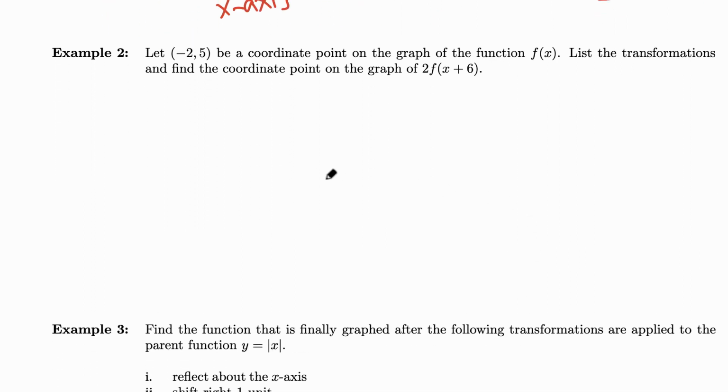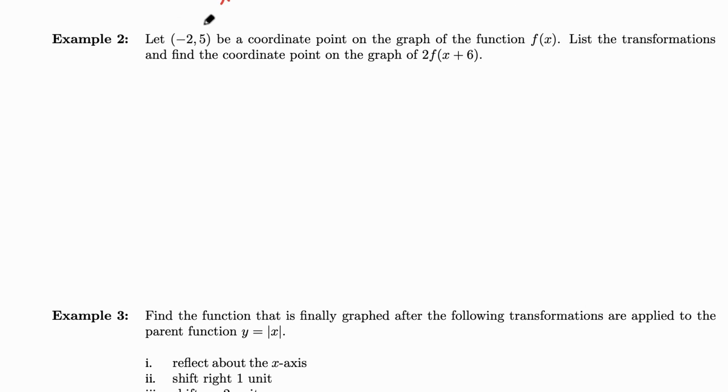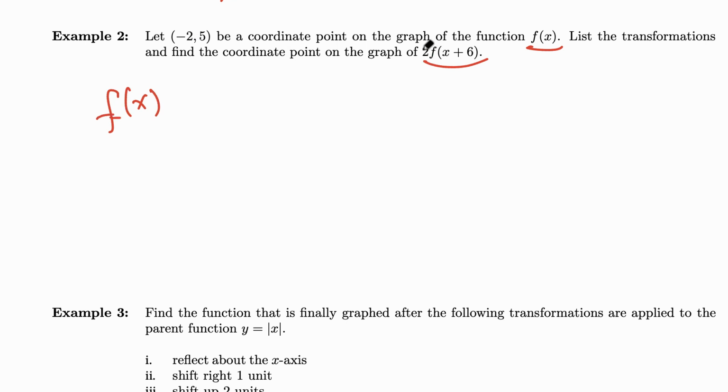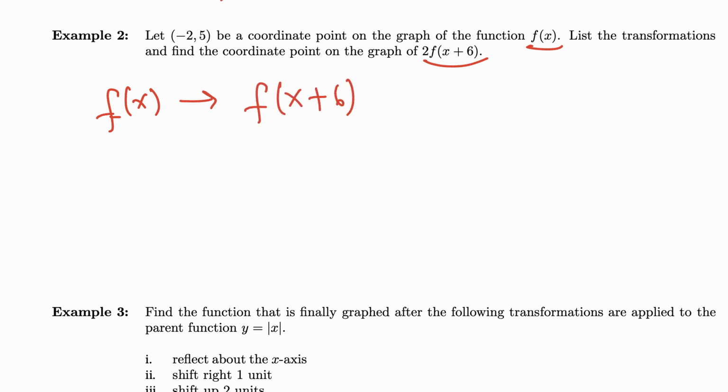Now here is another example. We have a point (-2, 5) on the graph of f(x). List the transformations and find the coordinates of the point on the graph of 2 times f of x plus 6. So we start with f(x) and we'll list the point later. Let's do the inside first, and then multiply by the number later. So f of x plus 6: plus 6 inside means shift the whole graph 6 units to the left.